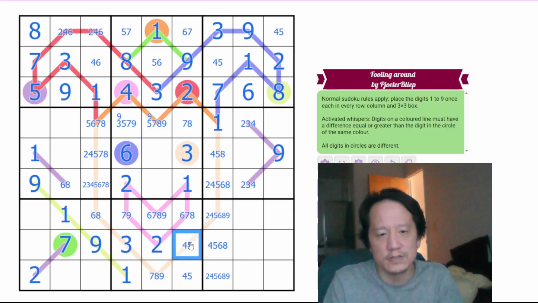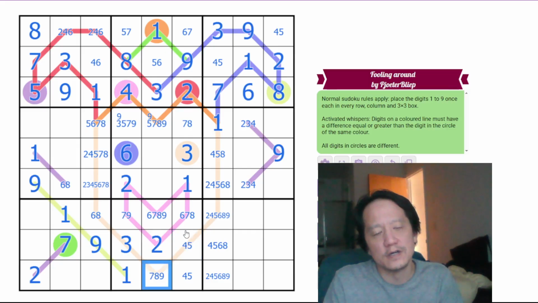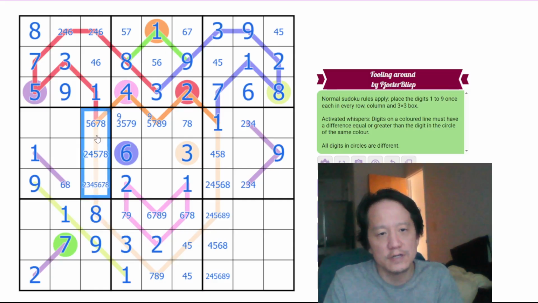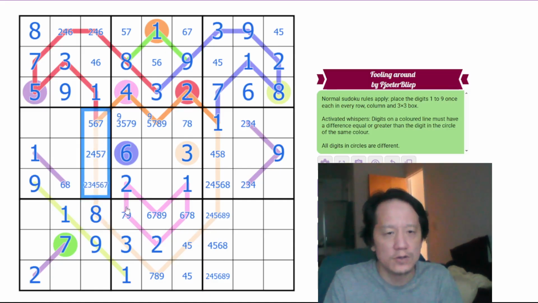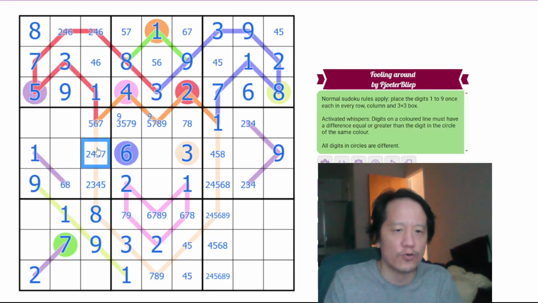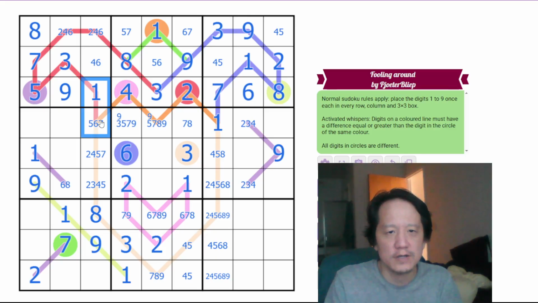So this can't be 6. So 6 has to be one of these two, which means this can't be 6. This is 8. 8 cannot be here. This has to be 3 or more away from 8. So it can't be 7 or 6. This is 2 through 5. This cannot be 4. 4 is not 3 away from 2, 3, 4, 5. And this has to be 5, 6, or 7, because it has to be 2 away from 1, at least.